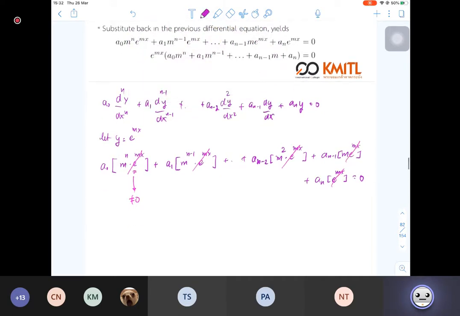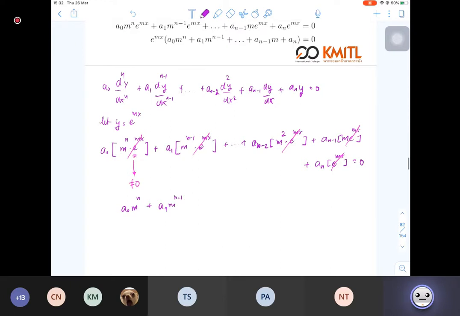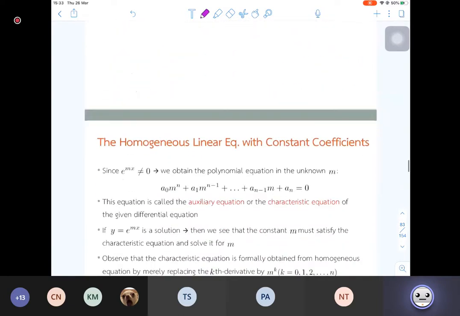What we have left would be a sub 0 m to the n, plus a1 m to the n minus 1, until a n minus 2 m squared, plus a n minus 1 m, plus a n equal to 0.